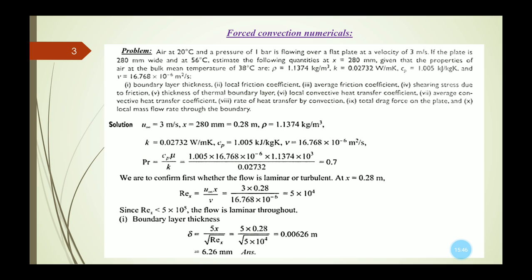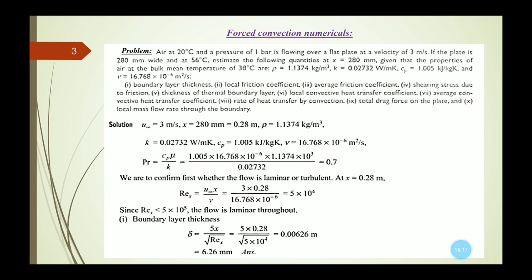So now first we need to calculate the boundary layer thickness. Earlier we have seen that in this laminar boundary layer zone there are 5 different velocity profile distribution equations, and for these 5 different equations or velocity distributions they have their own formula for the boundary layer thickness.